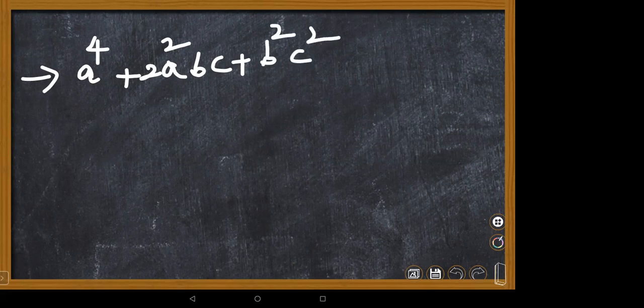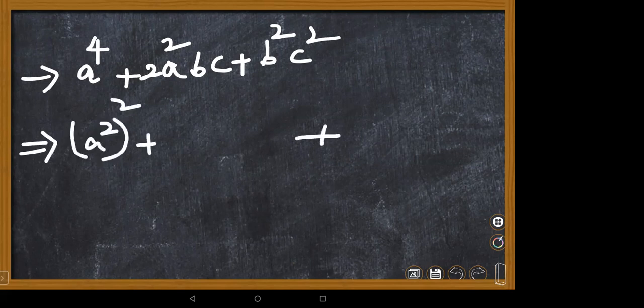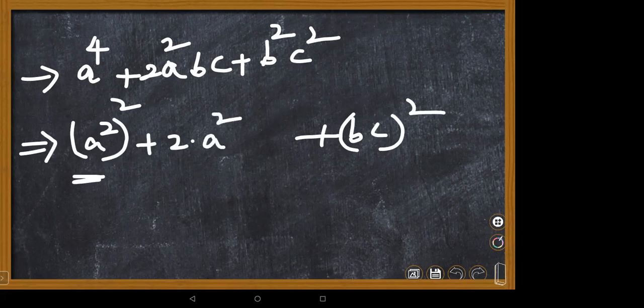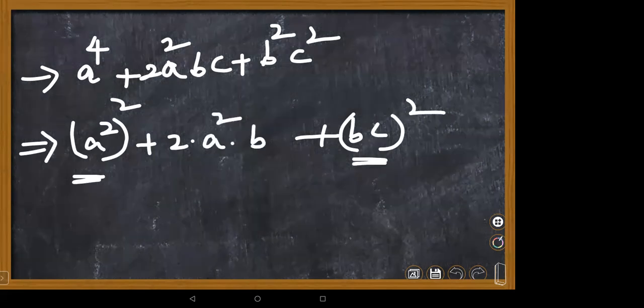Which identity should I use over here? Ma'am, a plus b whole square. Very good, Jashmita. The first term I can write as a square whole square, and the last term can be written as bc whole square. In the 2ab term, in the place of a I have a square, in the place of b I have bc. Let me check whether it is correct or not.